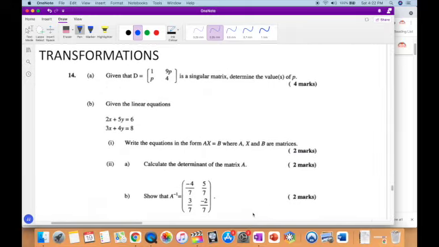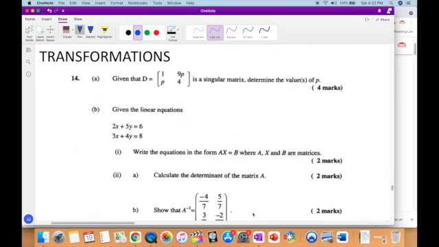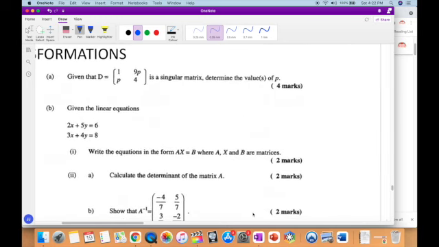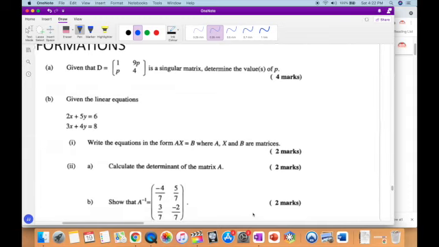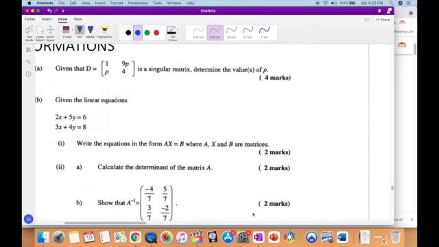So Scotia, tell me how to do part A for this one. Given that D is a singular matrix, determine the values of P. Very good. No, the singular matrix is not equal to 0. What is the matrix itself equal to 0?